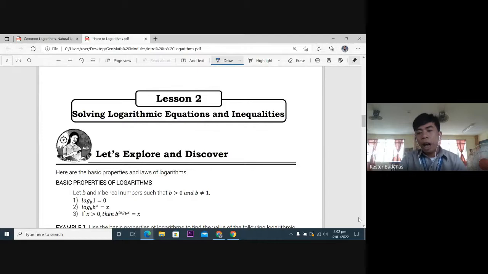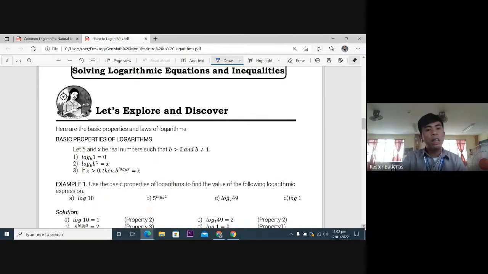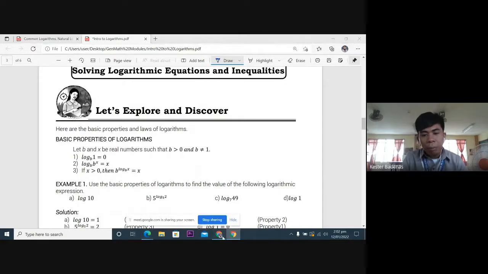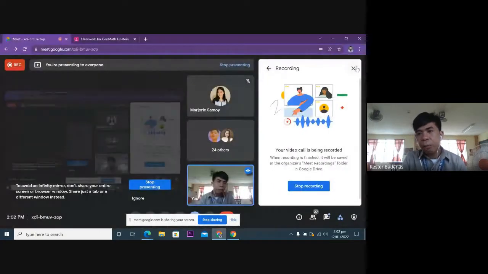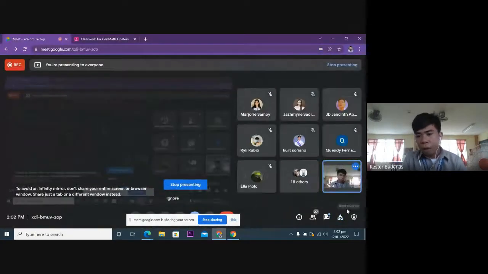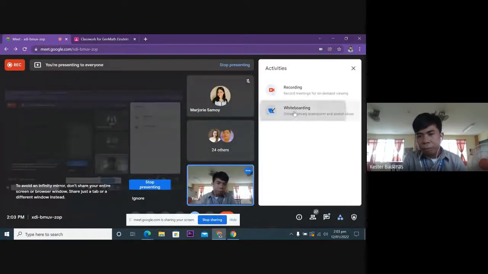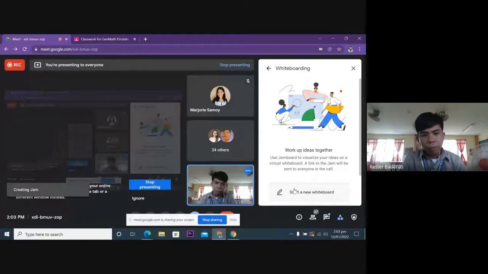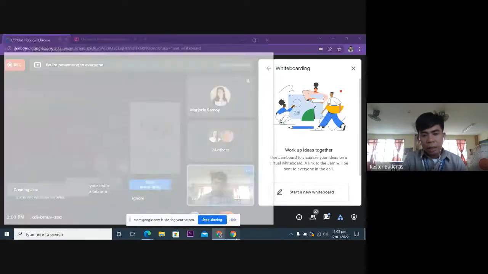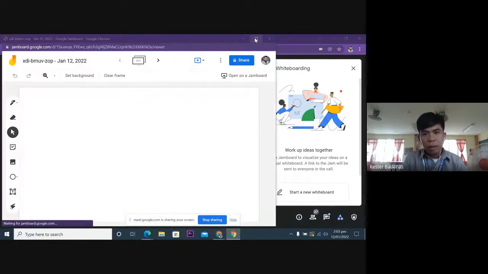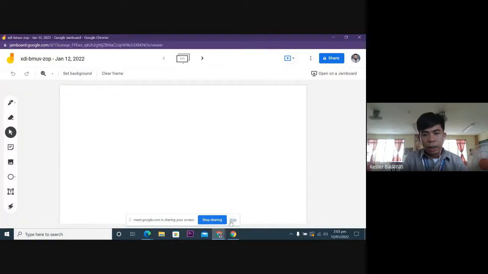So here, we will be studying the basic properties of logarithm. By the way, class, let me create Jamboard lang for our class. Ay, what is happening?